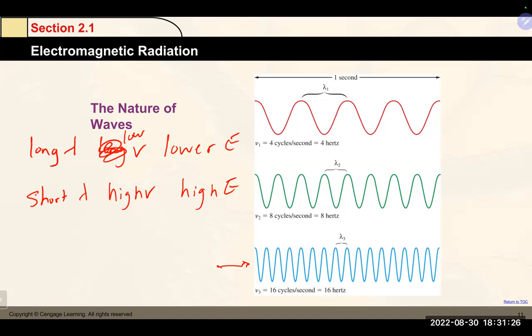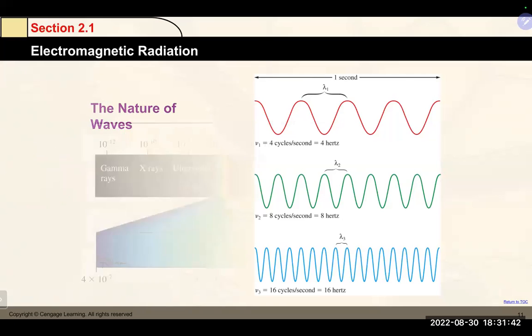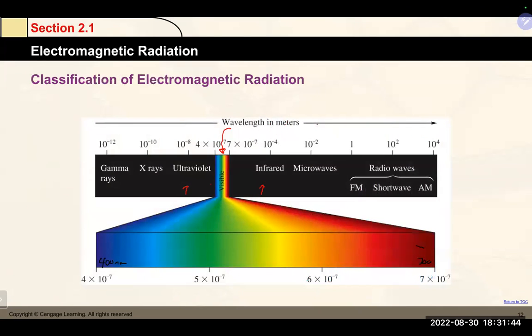So there is definitely a distinct relationship between the wavelength and the energy. And the differences of the wavelengths and the energy that may be given off at certain periods of time or absorbed even is what we refer to as the electromagnetic spectrum, which is this guy. And it basically gives us all the different types of waves that we see that can propagate through space and really carry energy.